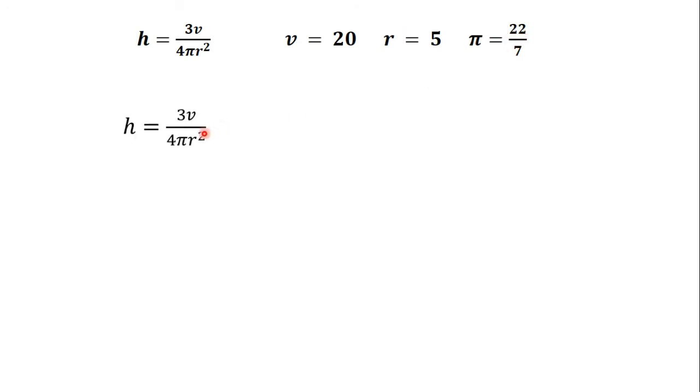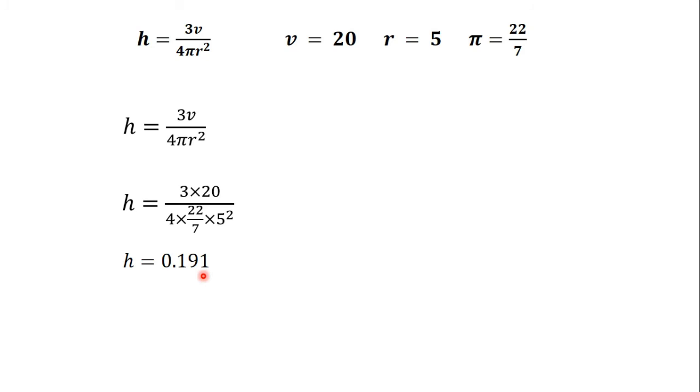This is going to give us h is equal to 3 times v, which is 20, divided by 4 times pi, which is 22 over 7, times r squared, and r is 5, so 5 squared. When you punch this on your calculator, you are going to get h is equal to 0.191. Remember, the question said we should leave our answer in 3 decimal places, so you make sure that your answer is in 3 decimal places.